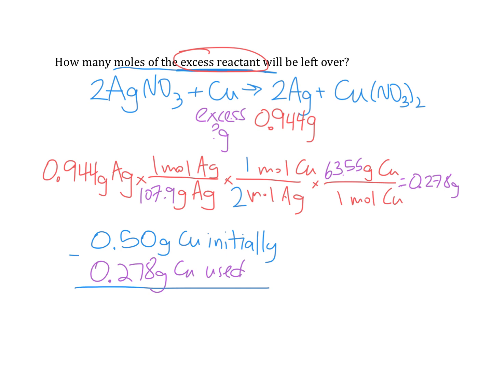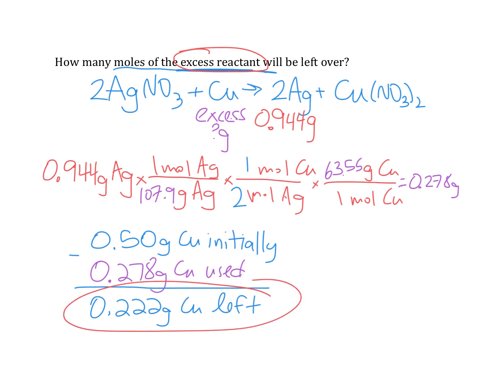And we get 0.222 grams of copper left. And that is excess limiting stoichiometry.